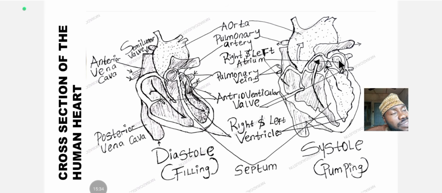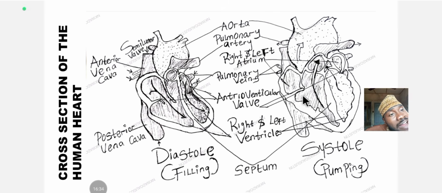On the left side, in between the left atrium and the left ventricle, you have the atrioventricular valve too, okay? And what is the function of this atrioventricular valve? It controls the blood that enters the ventricle through the atrium, okay? Immediately blood enters the ventricle, it closes, preventing blood from backflowing into the atrium during the contraction of this ventricle, all right?